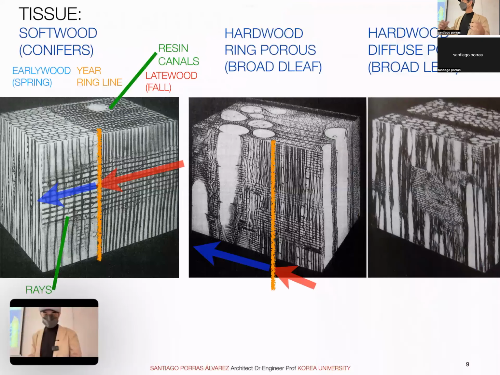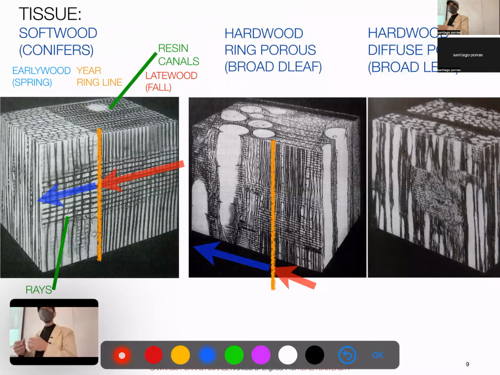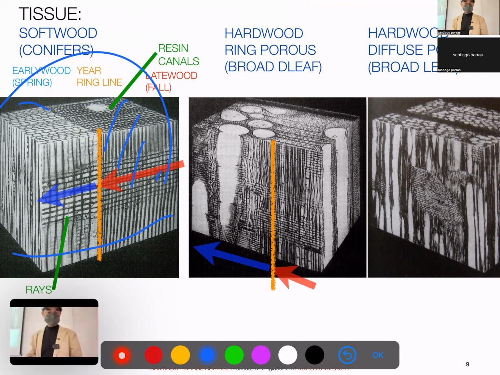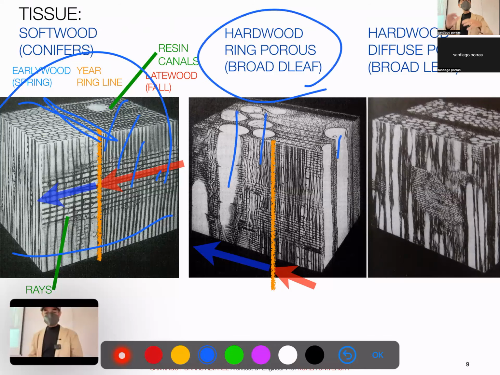We saw this is organized in different ways depending on the trees. The softwoods have a very regular, very simple texture, with very clear year rings, right? Whereas the hardwoods have much more complex texture. And if they are ring porous, we can see the year rings, but not as defined a line as it happens in the conifers.